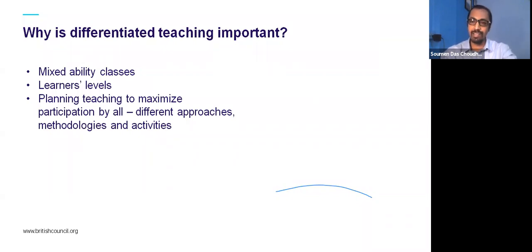Now, the key word here is appropriate. The tasks or activities that you design for your learners shouldn't be very easy or too challenging as well. So as a teacher, I need to use different approaches, methodologies, and activities to cater to the different needs of my learners.